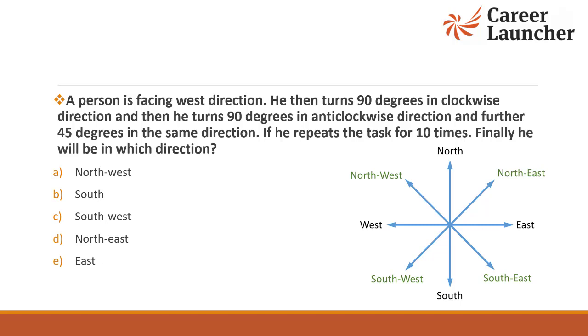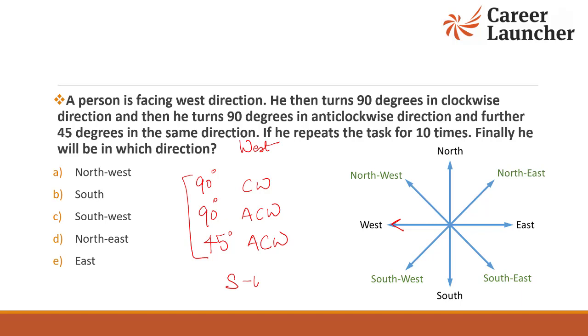So we knew a person started from the west, and after doing this task, 90 degrees clockwise, then 90 degrees anti-clockwise, and another 45 degrees in the anti-clockwise direction, earlier he was facing west. After doing these three tasks, he is now facing southwest. So we can say he is actually displaced from his original position by 45 degrees in the anti-clockwise direction.